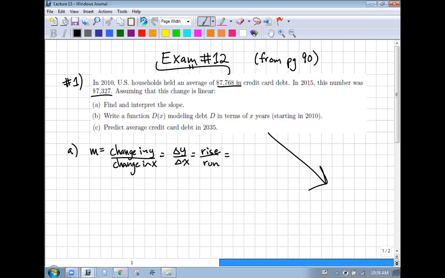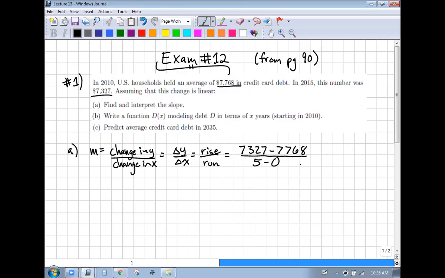So we have 7,327 minus 7,768. The debt was 7,327 in the year 2015. That's at time 5. We're going to consider 2010 to be time 0.